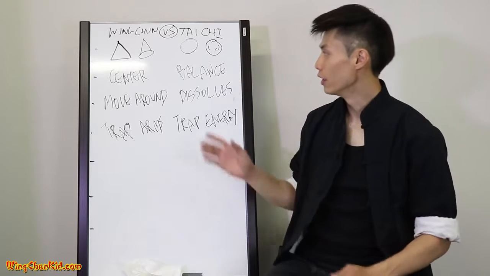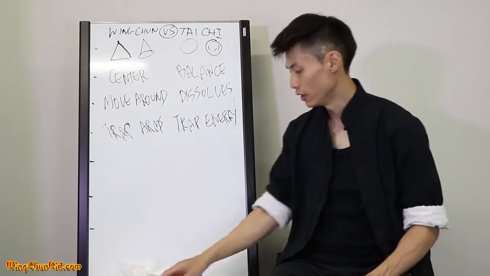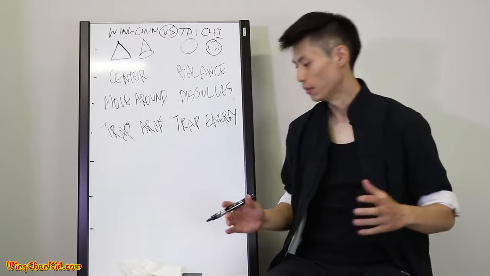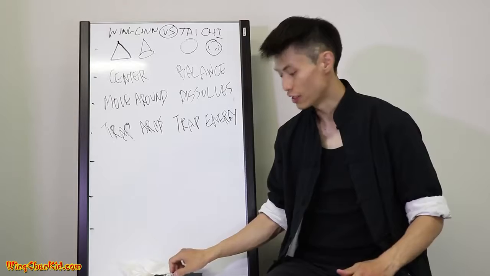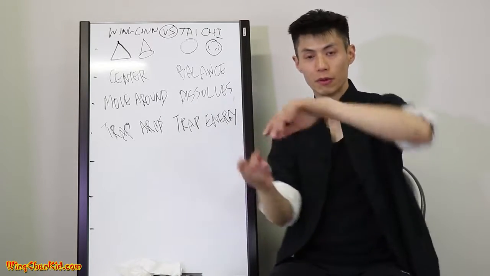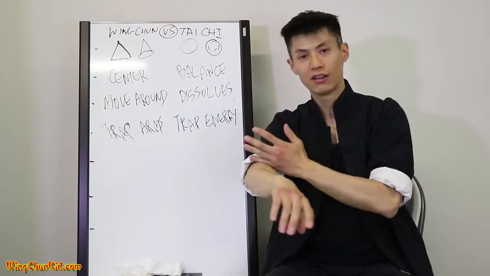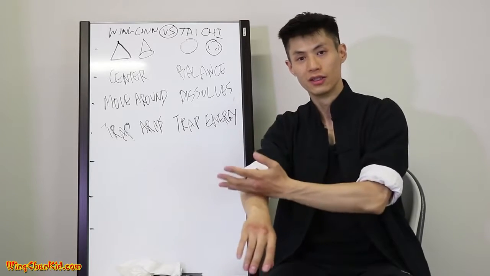Another strategy for fighting in Wing Chun that's different from Tai Chi is how they train their sensitivity. Now, Wing Chun sensitivity drills, like in Chi Sao, that you learn when you start learning sticky hands, is learning how to have sensitivity in your forearms, in this area of your body.